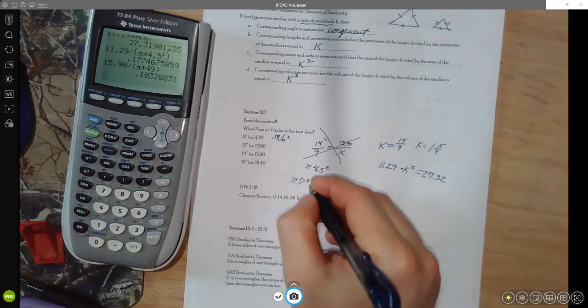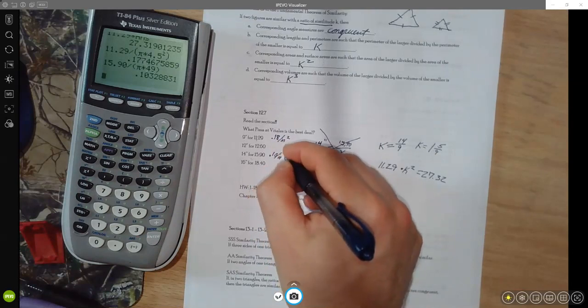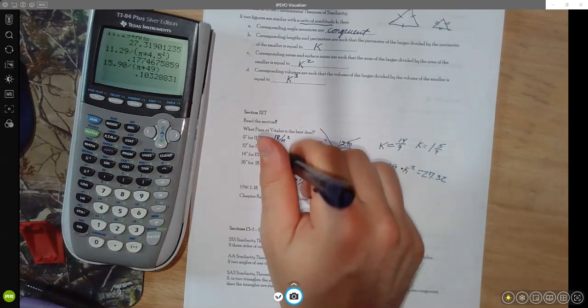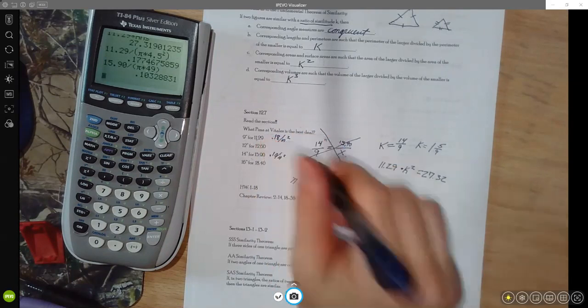All right, and so you get that the 14-inch pizza has a cost of about 10 cents per square inch. So you can see that the 9-inch pizza is almost double the cost per square inch.